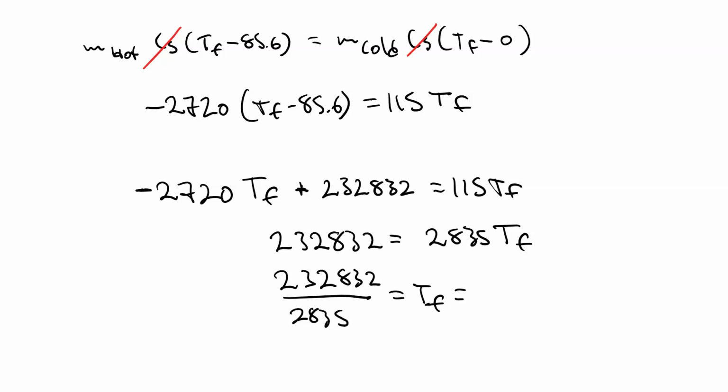Let's punch this into our calculators. 232,832 over 2,835, and we get 82.1 degrees Celsius. Whew, that's a tough problem.